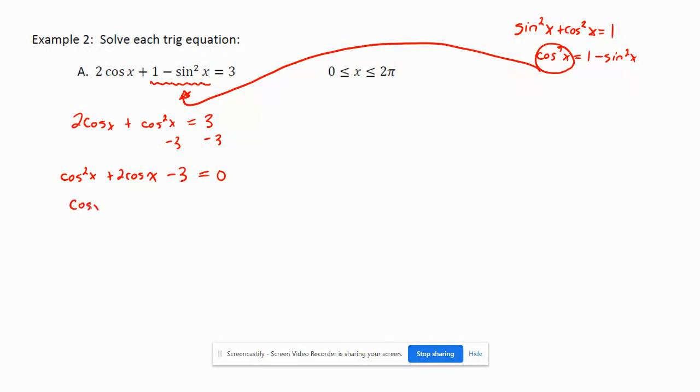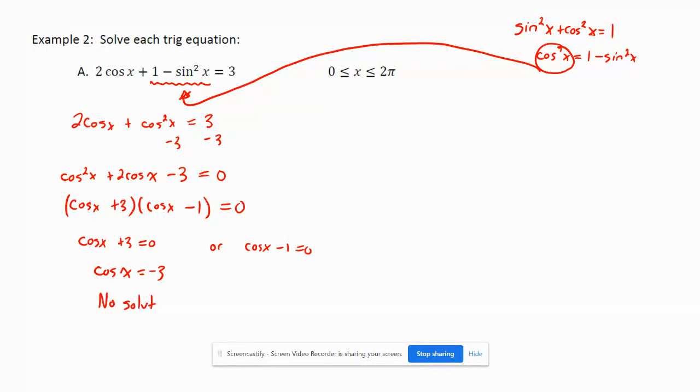This is cos x plus 3 times cos x minus 1, which means that cosine x plus 3 equals 0, or cosine x minus 1 equals 0.